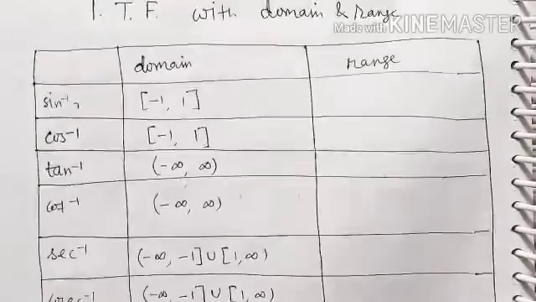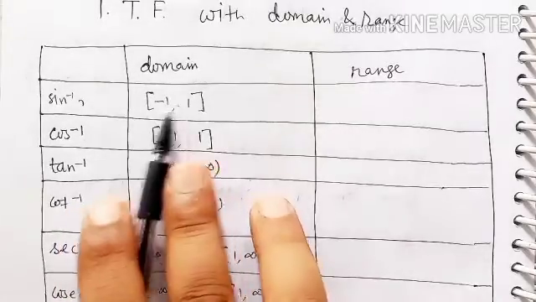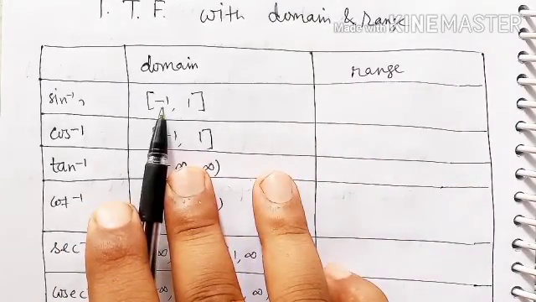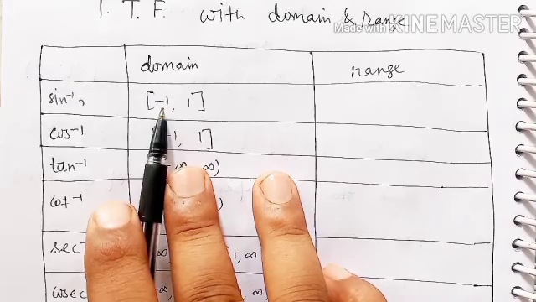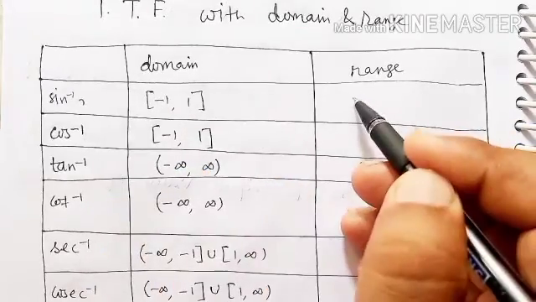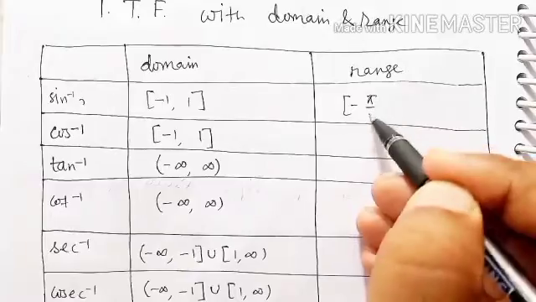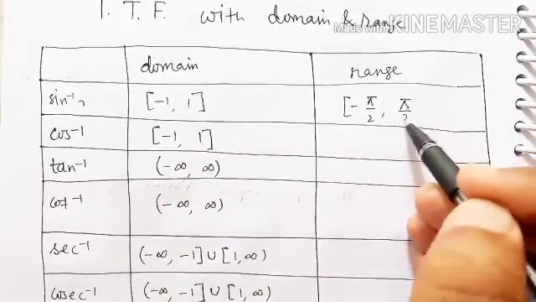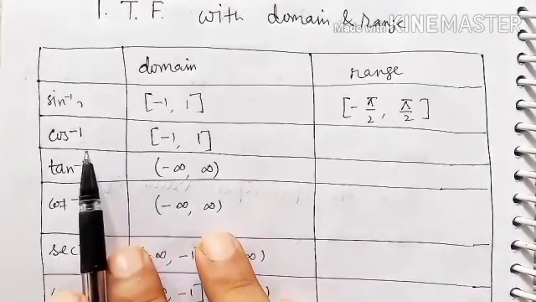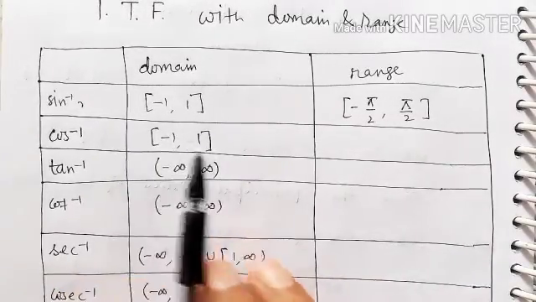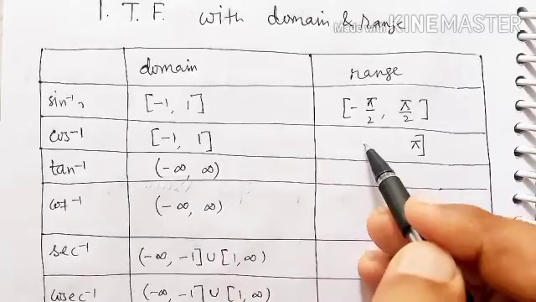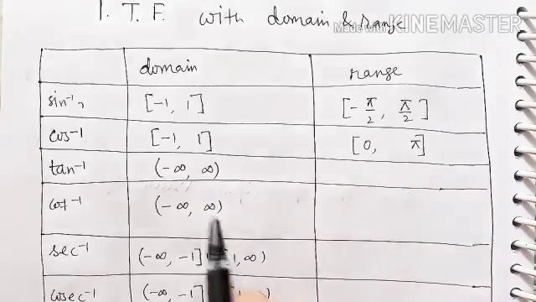Now from this domain we can write the range. So we have to think of the angle for which sin x becomes minus 1. It is minus pi by 2. Sin x becomes 1. It is pi by 2. We have to think of x for which cos x becomes minus 1. It is pi, and 1 is 0.